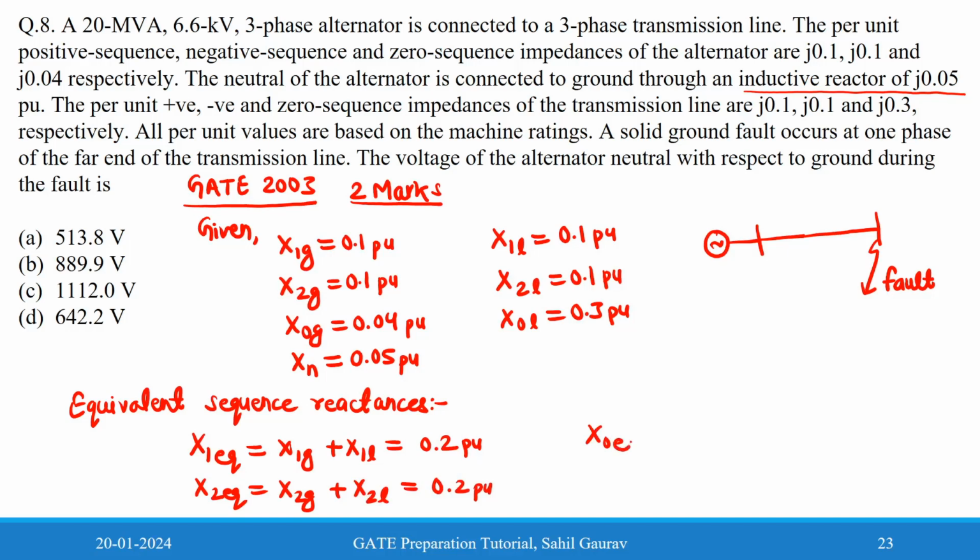And x0 equivalent sequence reactance is x0g plus x0l plus 3 times xn, so it is 0.04 plus 0.3 plus 0.15, so it is 0.49 per unit.